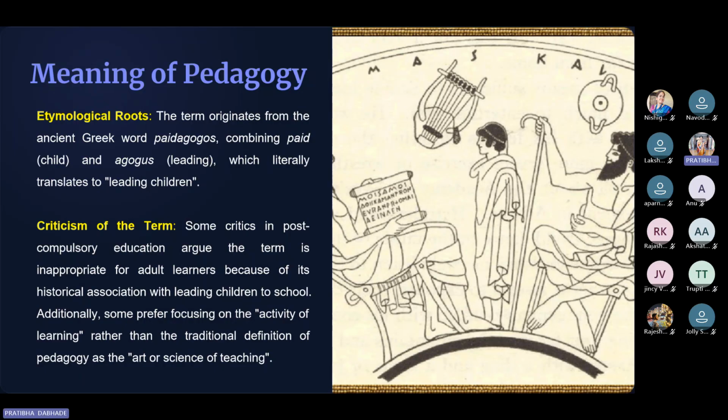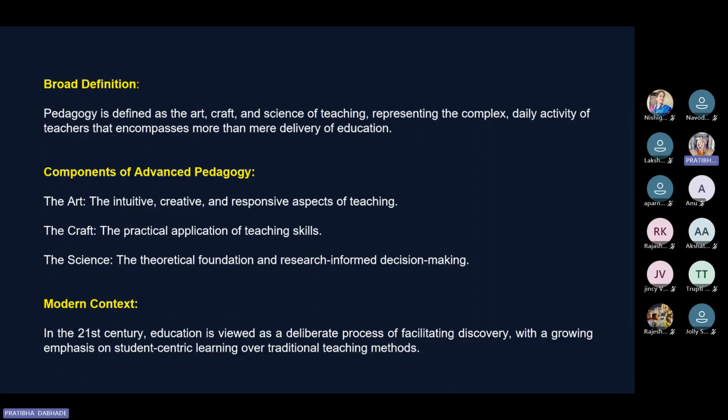Okay. So if we see the broader definition of pedagogy, someone said art and science of teaching, and now one word is added, which is craft. Let's see the definition. Pedagogy is defined as the art, craft, and science of teaching, representing the complex daily activity of teachers that encompasses more than merely delivery of education.